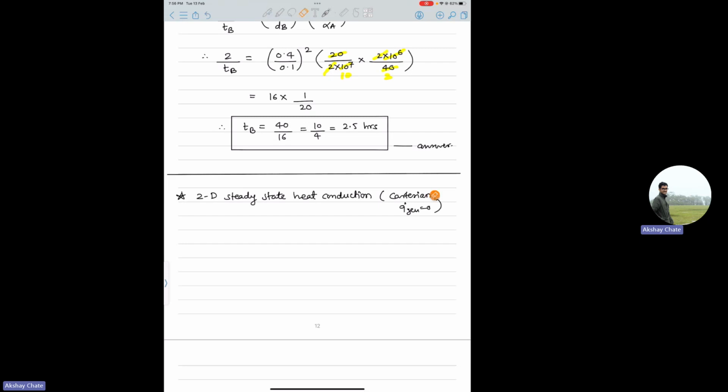You can take heat generation, but then the separation of variables method will not be the correct one. I think you have to go for some different method there. But coming to the simple one, I should not say simple, it's not simple actually. But yeah, the point is, one second.